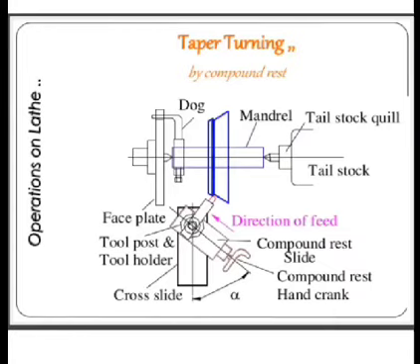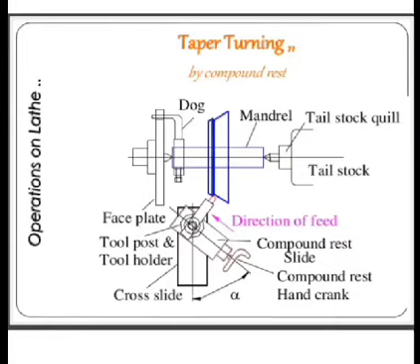In this method of taper turning, the workpiece is rotated parallel to the lathe axis and the tool is fed at an angle to the axis of rotation of the workpiece, as shown in the figure. The tool is mounted on the compound rest, which is attached to a circular base graduated in degrees.